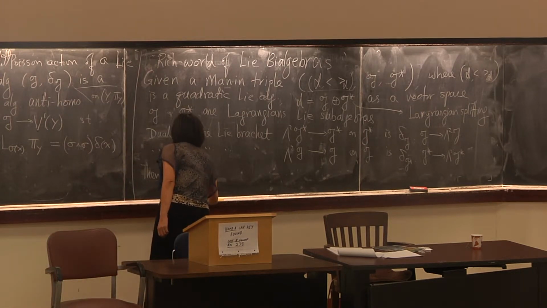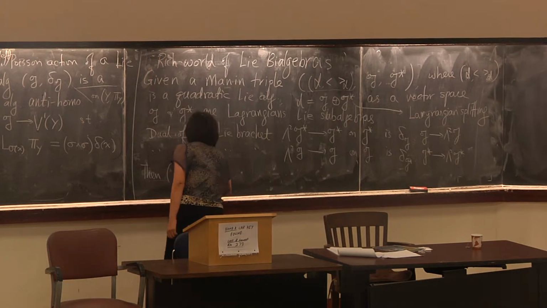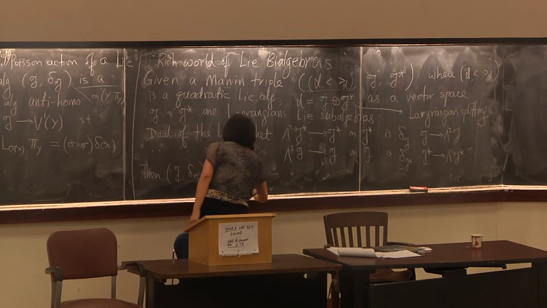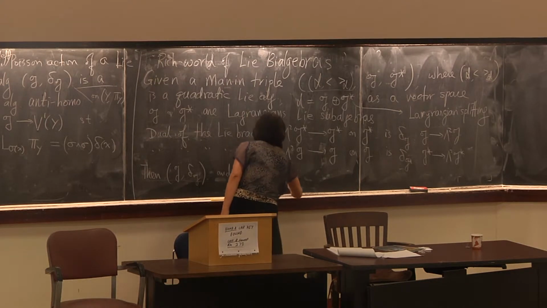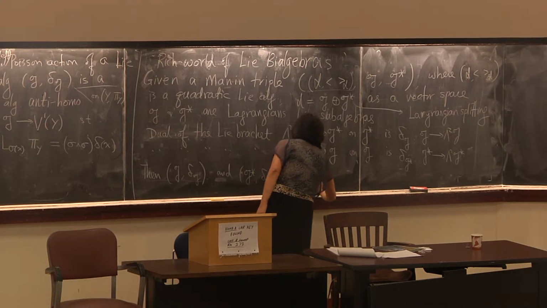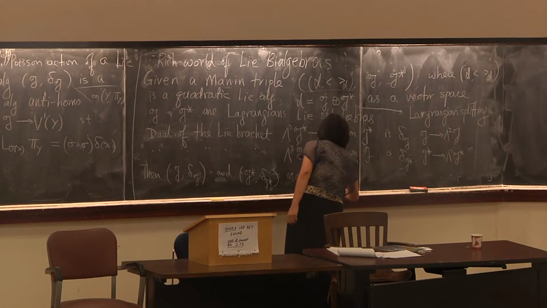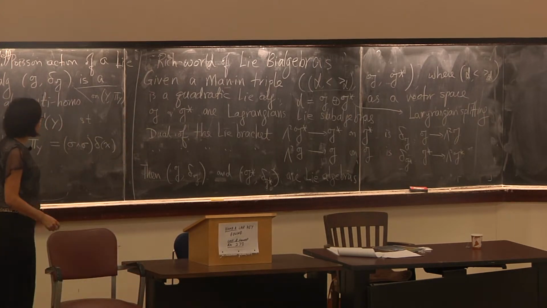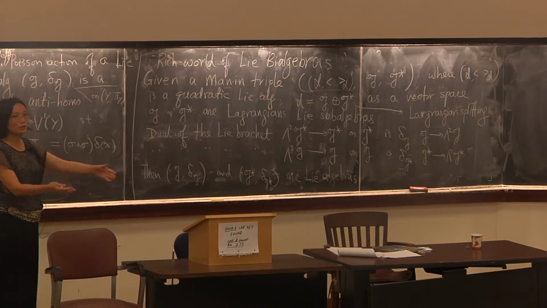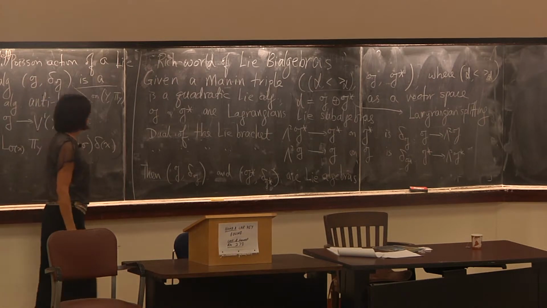So G, delta G and G star, delta G star are Lie bialgebras. So this is a very simple construction, and these are called dual. This is a dual pair of Lie bialgebras.